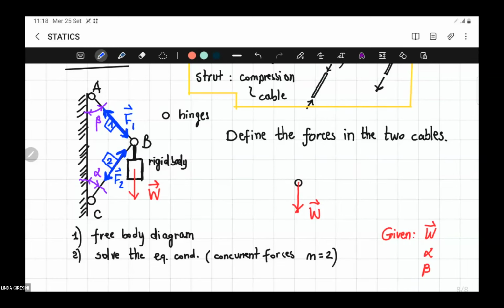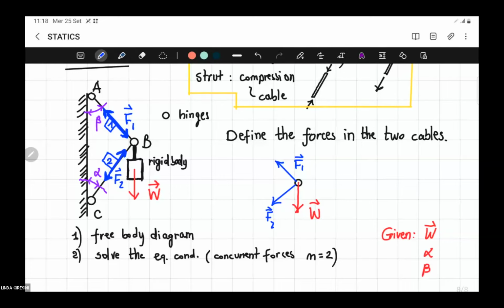So how can you solve this problem? First, you assume that, for example, the two forces are both in tensile. So it's an assumption. So F1 and F2, both in tensile stress.